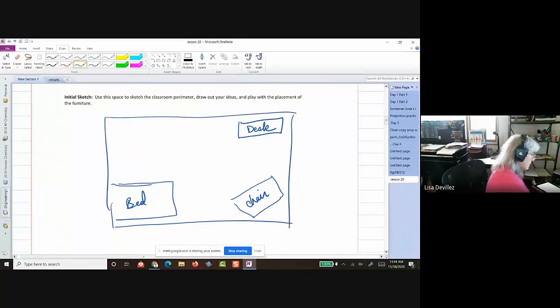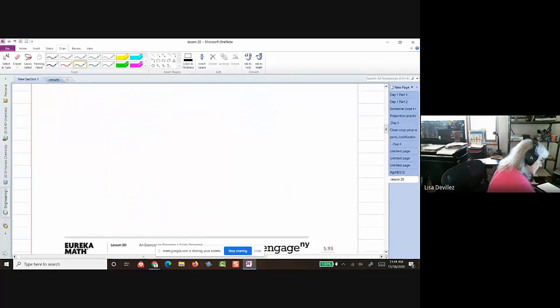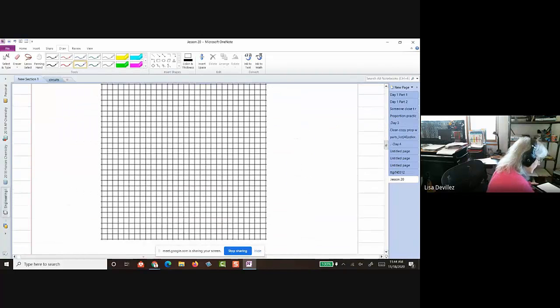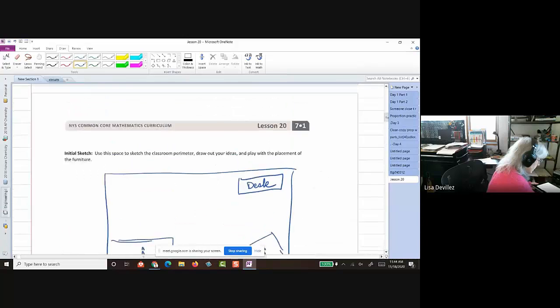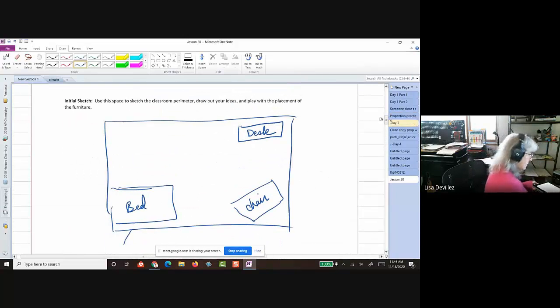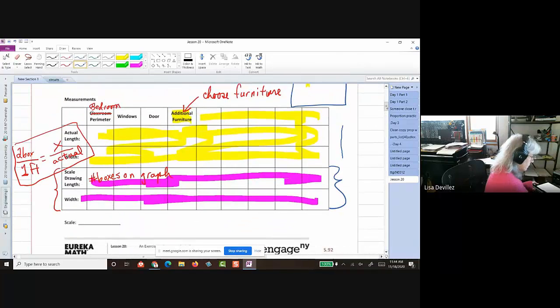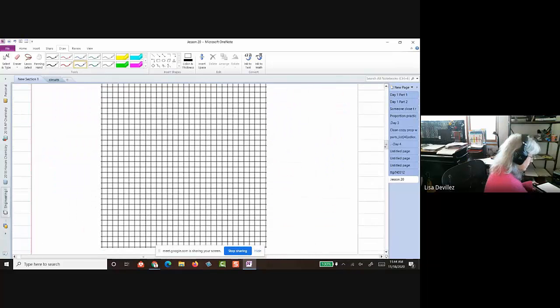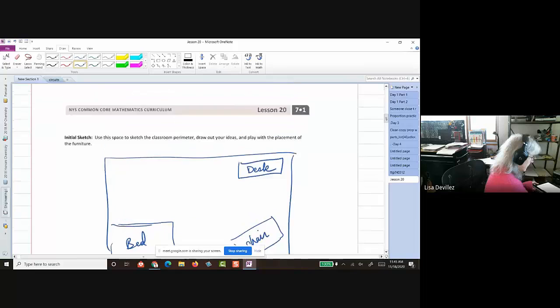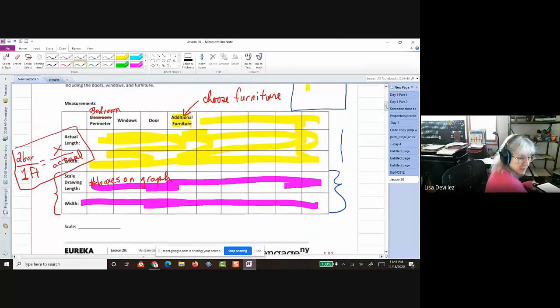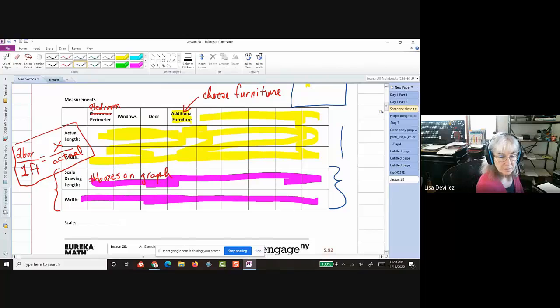And then the graph will be a scaled drawing based on that sketch and based on your scale values that you did in the table. So I'll be looking to see, does your graph match up with your sketch and the values in the table? Okay, and this one will be worth more because I think you're doing more work on this one than we have on the previous days.